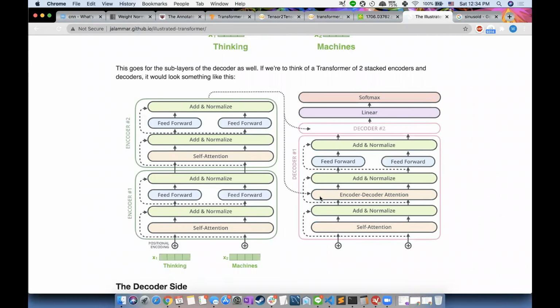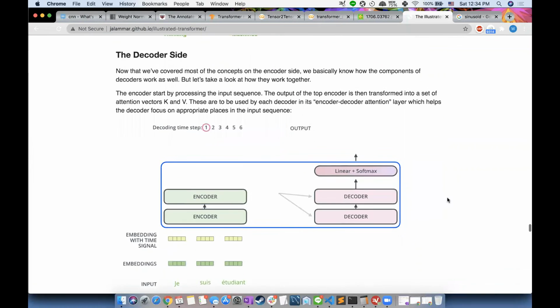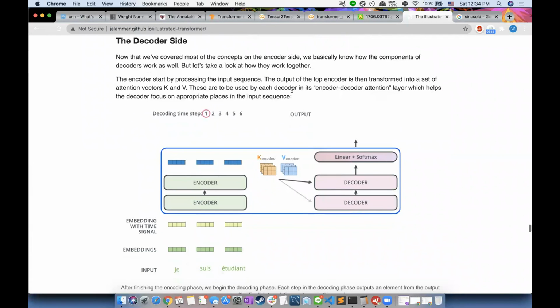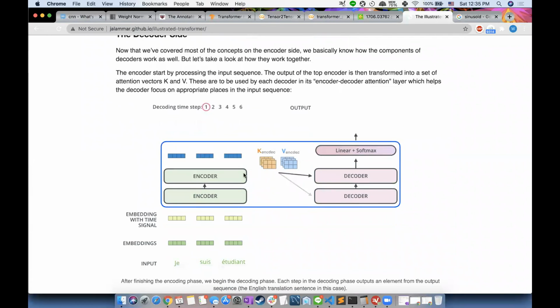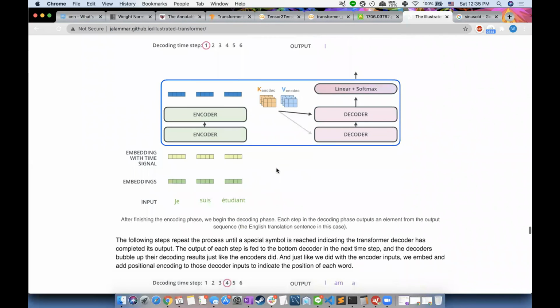So these K and V only flow into this layer and this layer in the decoder 2, not this layer, not this layer, and not that layer either. Which helps the decoder focus on appropriate places in the input sequence. Okay, so we're only taking the K and V right here.